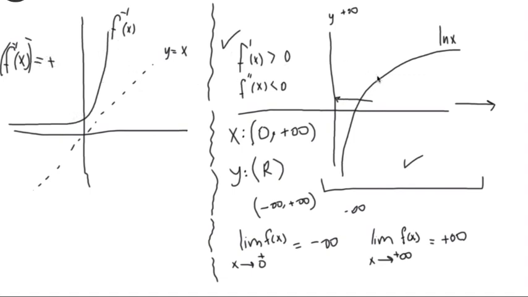But as we consider, the graph of ln x is concaving downwards, so it means that the graph of the other function is concaving upward.